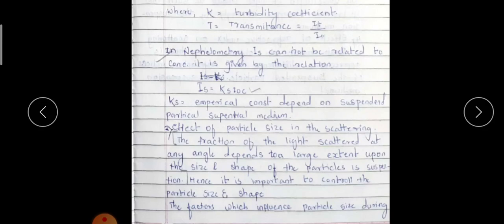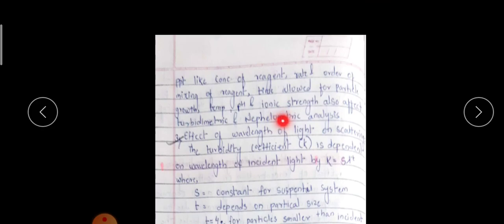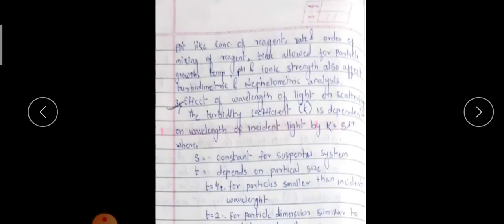Hence, it is important to control the particle size and shape. The factors which influence particle size during precipitation are the concentration of reagent, rate and order of mixing of reagent, time allowed for particle growth, temperature, pH and ionic strength. These also affect turbidimetric and nephelometric analysis.